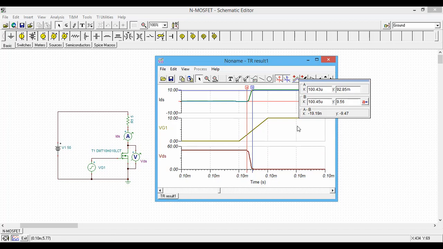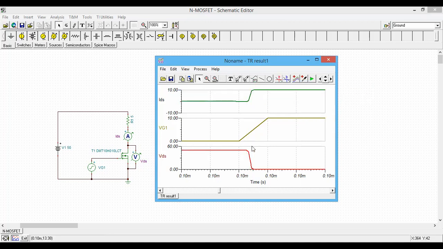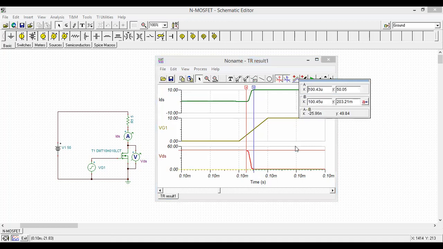Nearly 9.56 divided by 2 is your average current, right? And for the average voltage, you have to go here, and that should typically be 25 volts. See, this is 50 plus this value divided by 2, nearly 25.